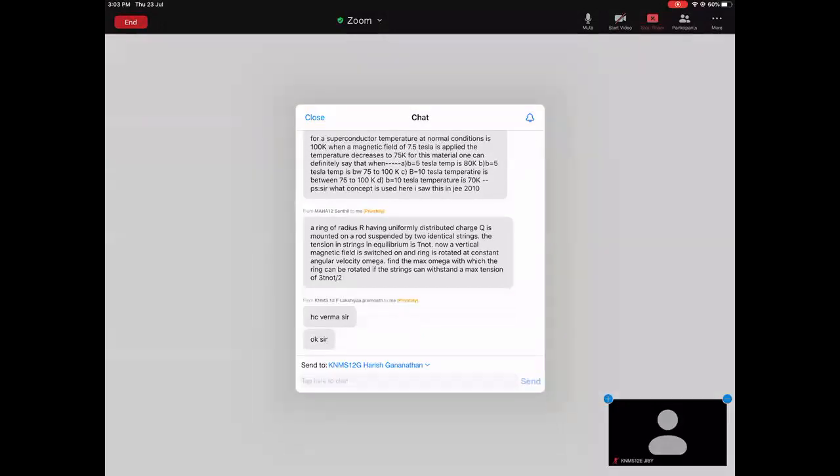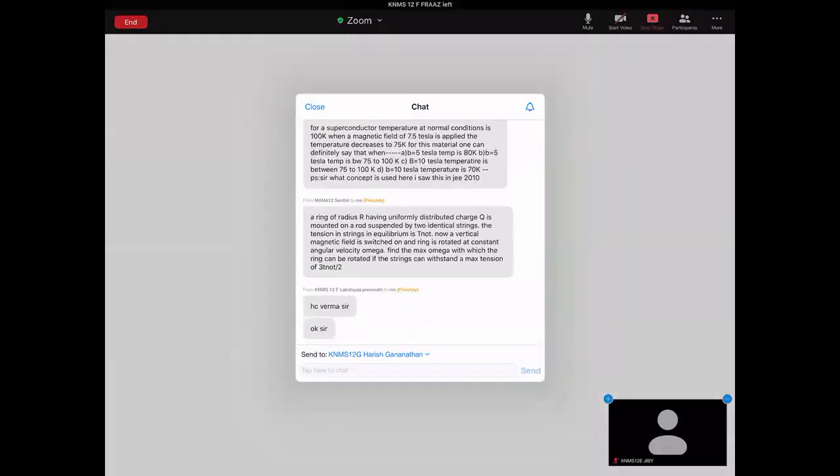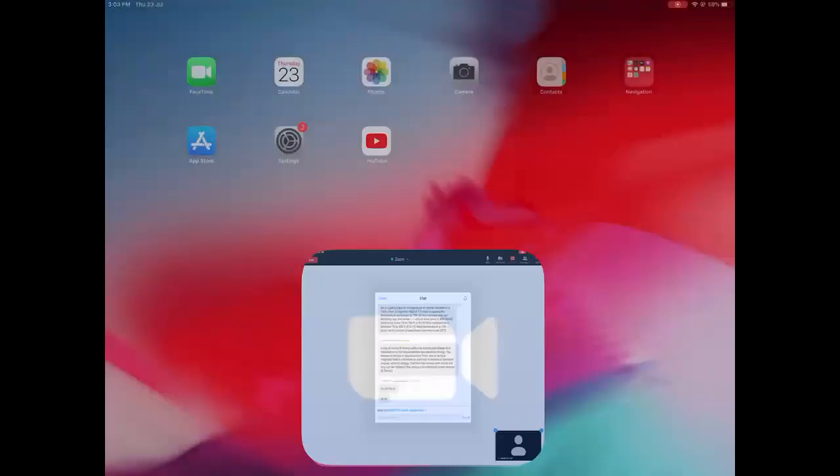Okay, so let me look at this next question. A ring of radius r with charge Q mounted on a rod suspended by two identical strings. The tension in the strings in equilibrium is something. Now a vertical magnetic field is switched on and the ring is rotated at constant angular velocity omega. Okay, Senthil, that also I can give you an idea how to do it, then you will have to work it out.